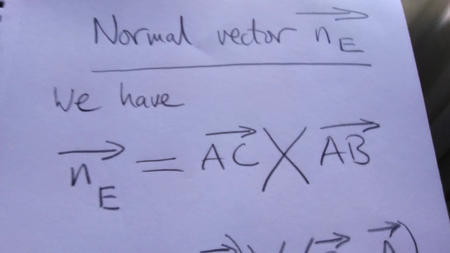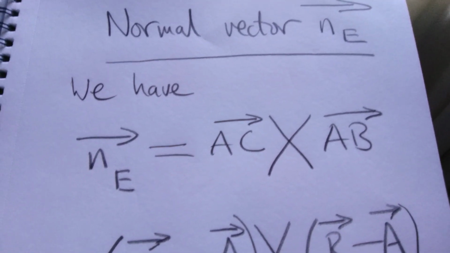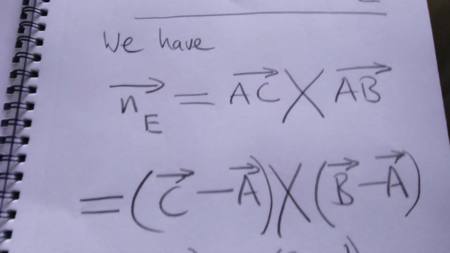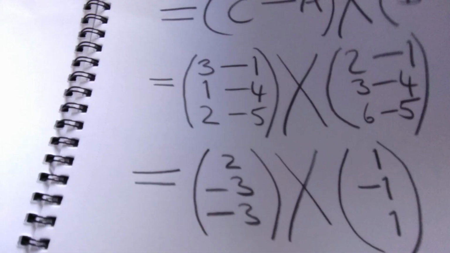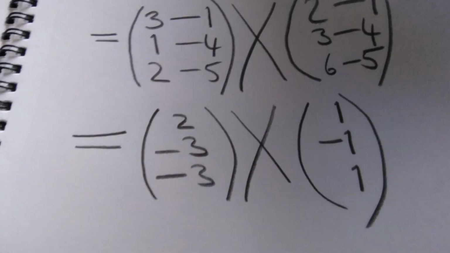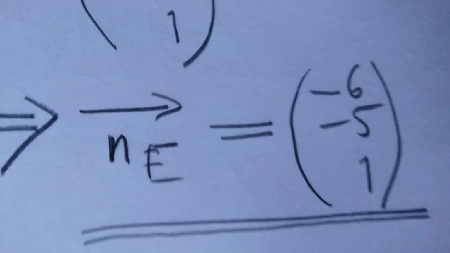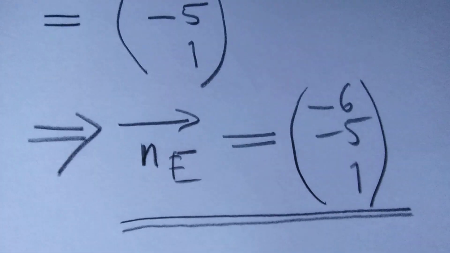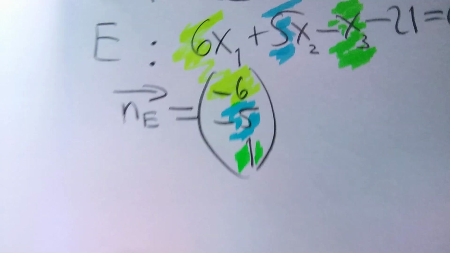And we have normal vector equal to the cross product of vectors AC and AB. And so we have a normal vector, a vector normal to plane E: (-6, -5, 1).